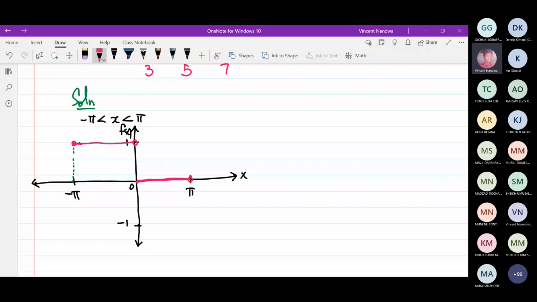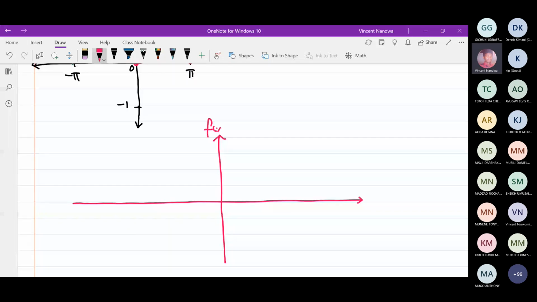So the second part is from minus 2 pi to positive 2 pi. So let me draw this as my x-axis. Let this be our y-axis.